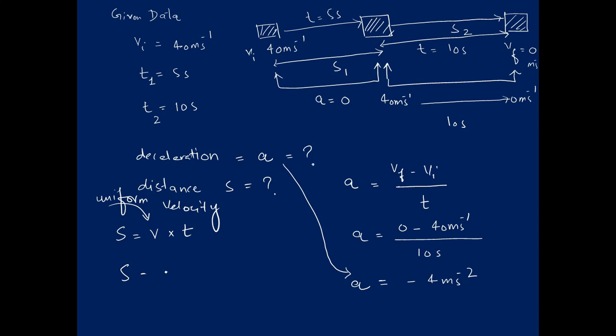So S is equal to 40 meters per second multiplied by 5 seconds, which is equal to 200 meters. This is S1, the distance that the car travels when it was moving with uniform velocity for 5 seconds.